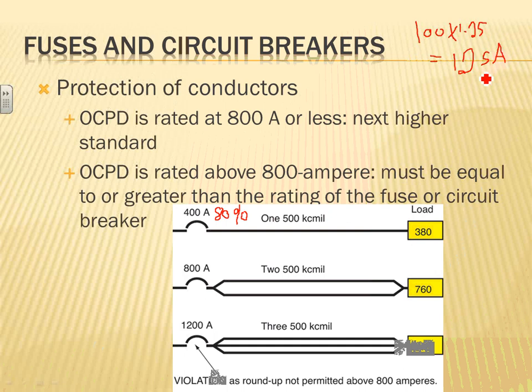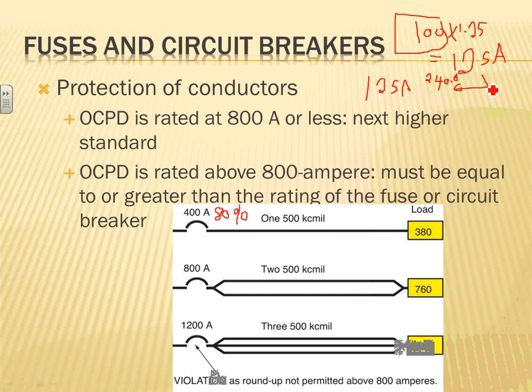Now then you take this value. Always, if you start with the load, you don't get into trouble. That's my load. Then from here, you're going to go to the table in 240.6, and that will tell you that 125, you just hit the jackpot. This is already a standard overcurrent protection device. Then you land on your 125 circuit breaker, as we know.